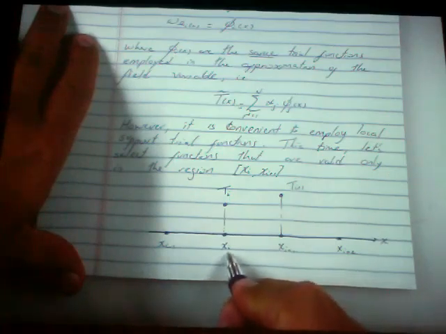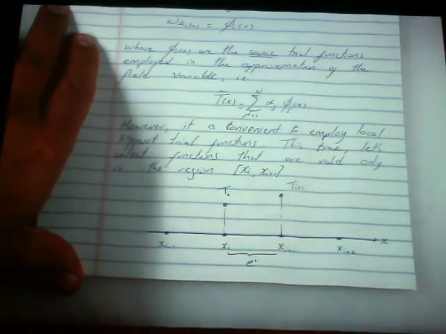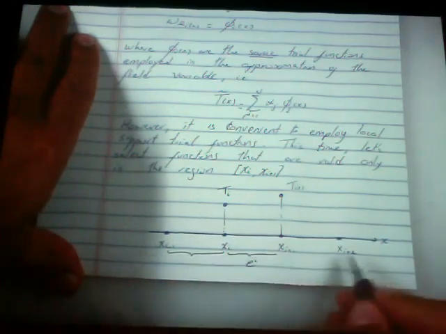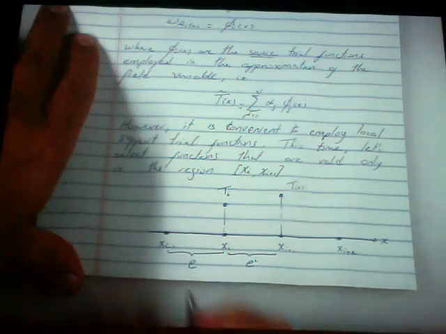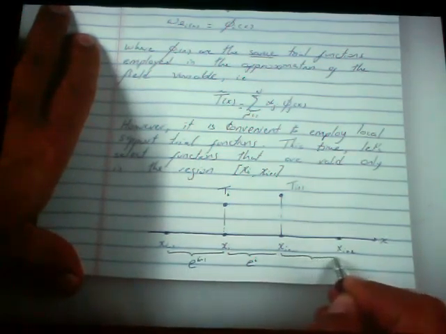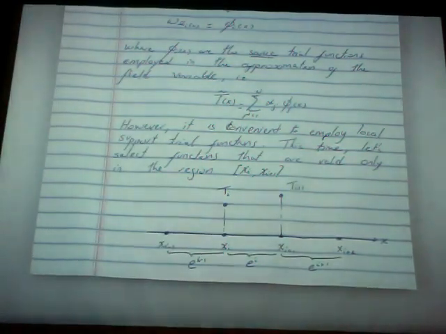We're going to call this region here element I, and hence the name finite elements that will result at the end. This is element I minus 1, and this is element I plus 1. So element I is basically the range that spans between node I and node I plus 1.